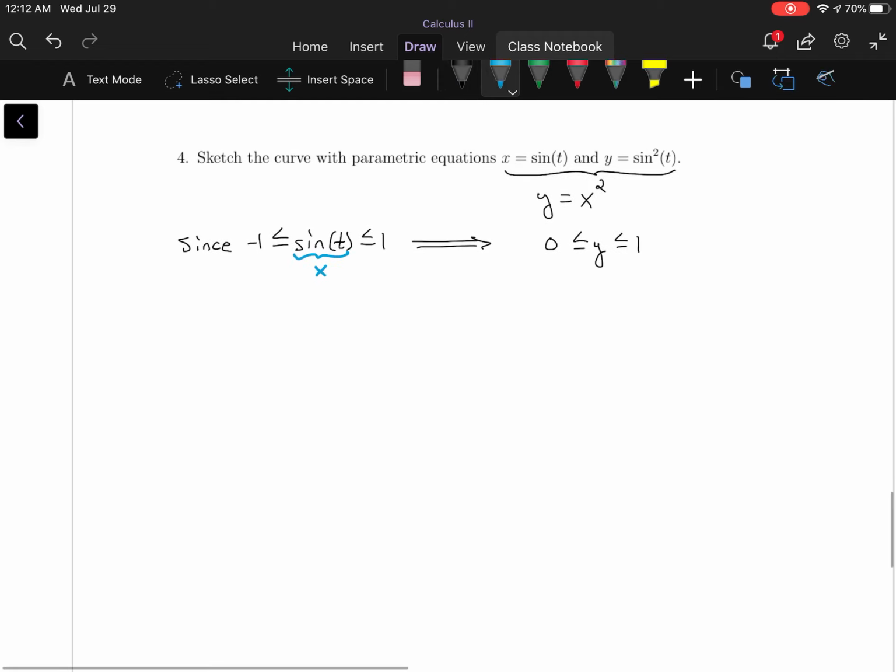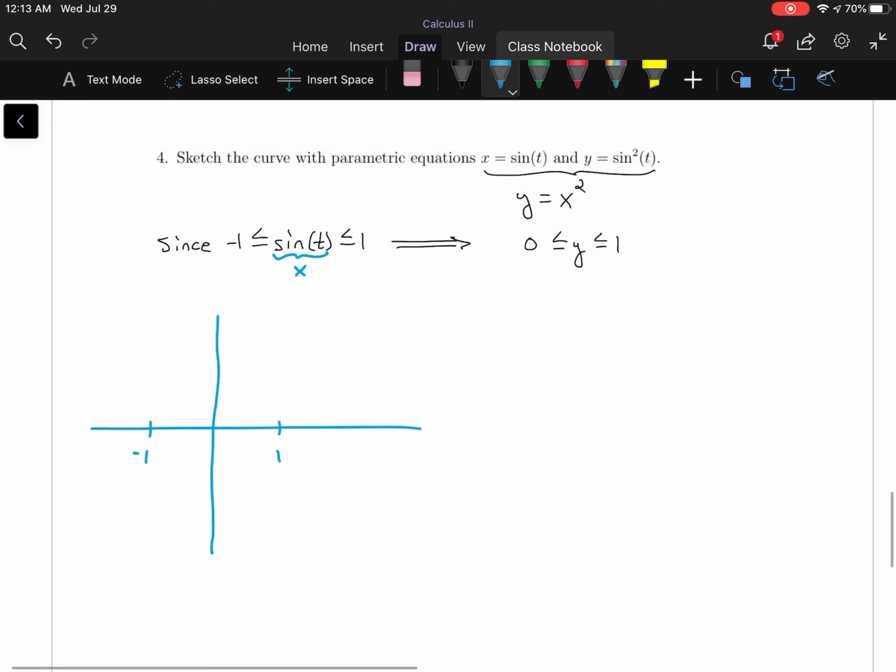What is it going to look like? Well, let's do a sketch. X, we know, ranges from -1 to 1. Y is going to go from 0 up to 1. So at least I know our thresholds. And I know what the curve looks like.